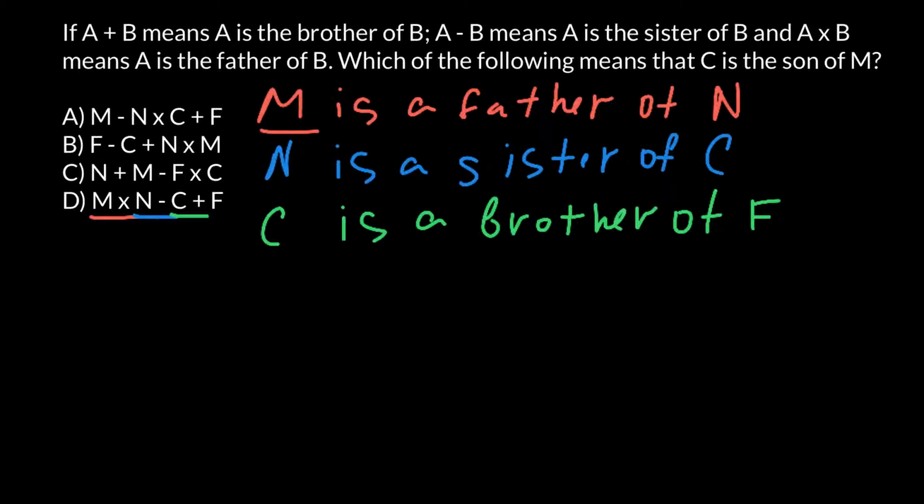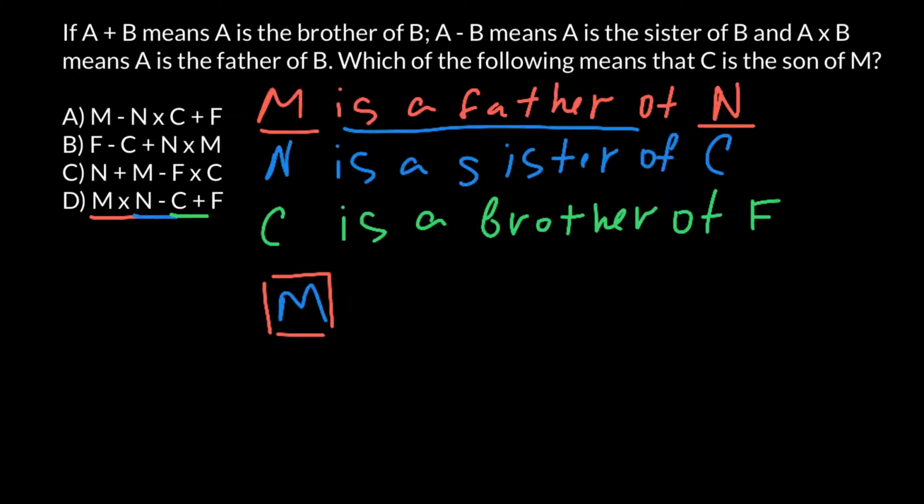Now let's build the pedigree of this family. M is the father of N. So we have M, and M is male because we are told that M is a father.